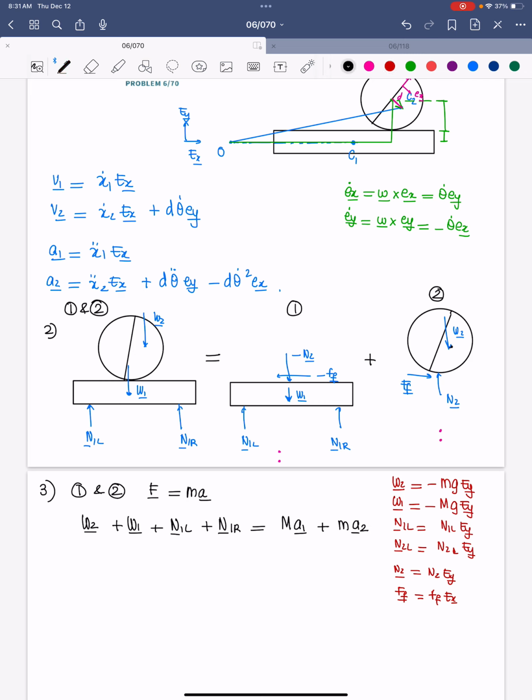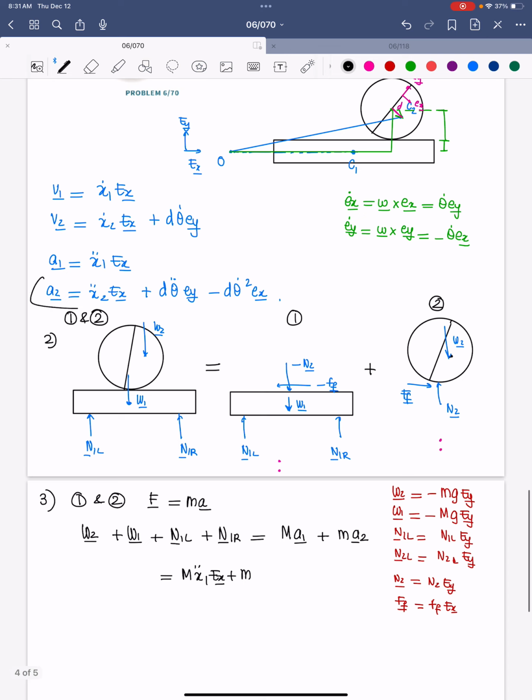So from the acceleration side, it's equal to big M x double dot 1 Ex plus small m, and now we have A2, which is x double dot 2 Ex plus d theta double dot Ey minus d theta dot squared Ex.